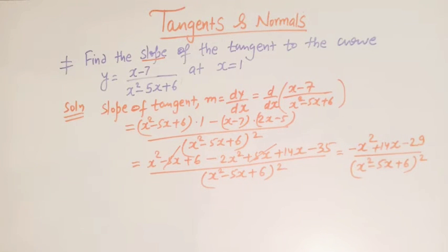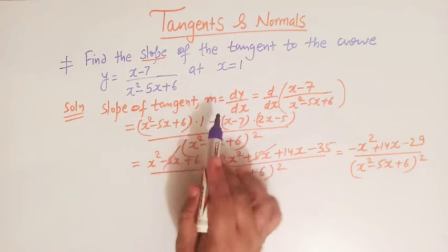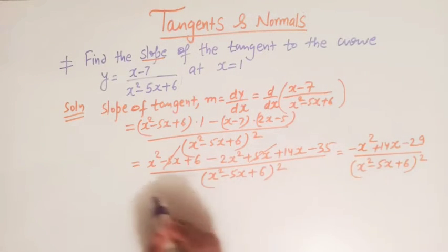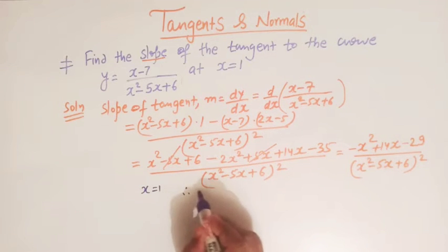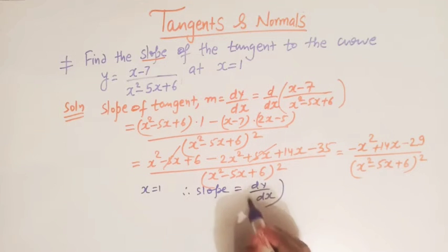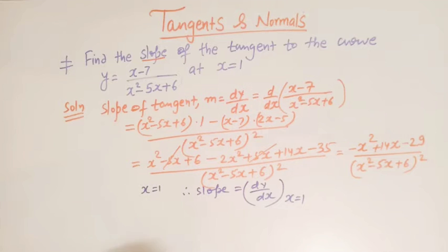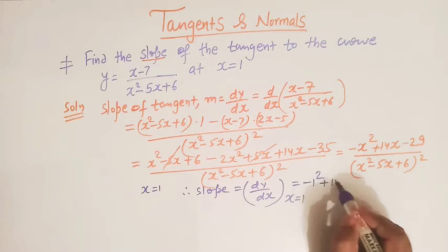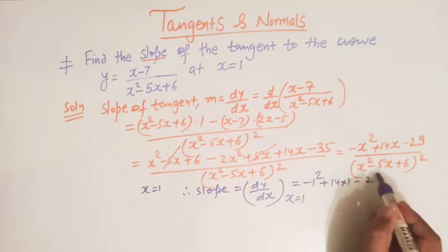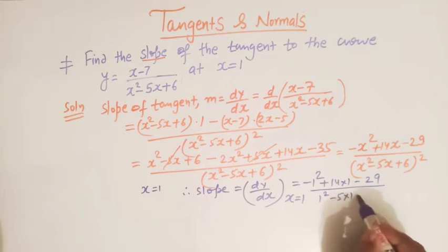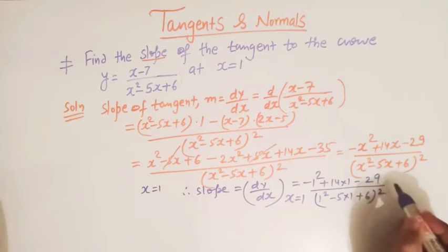Now we have to find the slope of the tangent at x equal to 1, so here we will substitute x equal to 1. So therefore slope is dy over dx at x is equal to 1. So here we substitute minus 1 square plus 14 times 1 minus 29 divided by (1 square minus 5 times 1 plus 6) whole square, right?